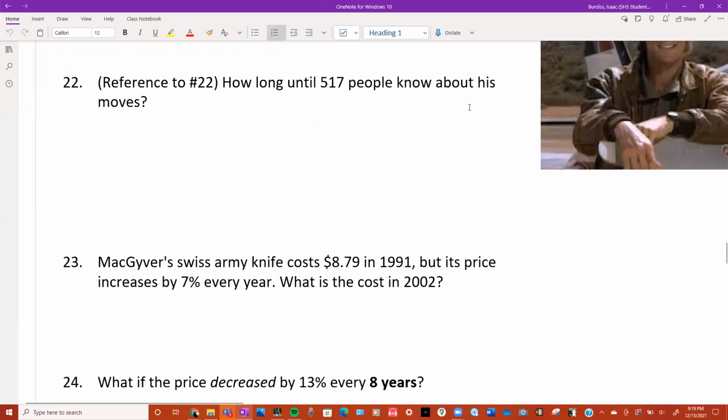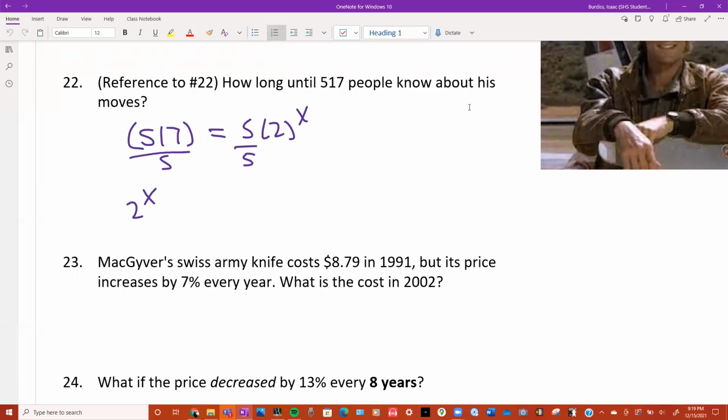How long until 517 people know about his moves? So instead we plug in 517 for Y. And then we have to solve for X. We'll divide by this 5. So 2 to the X equals 103.4, and changing that to logarithm form, that would be log base 2 of 103.4.